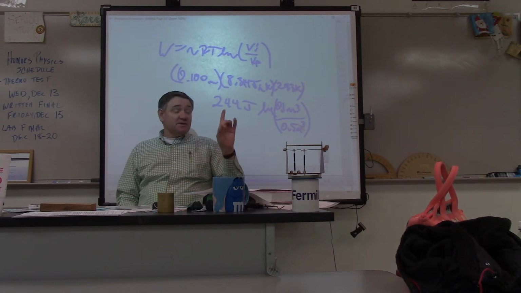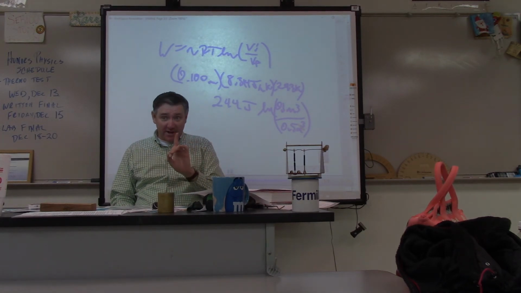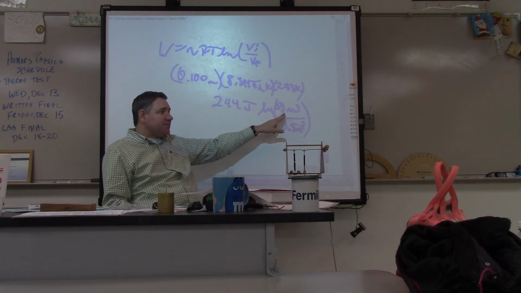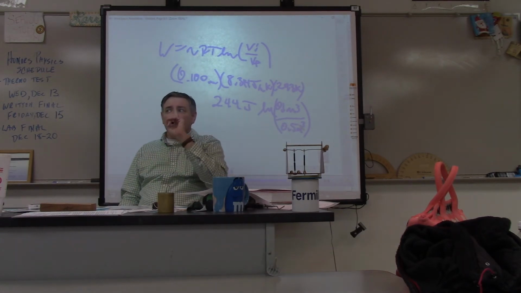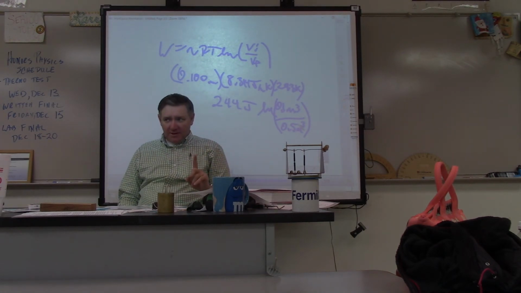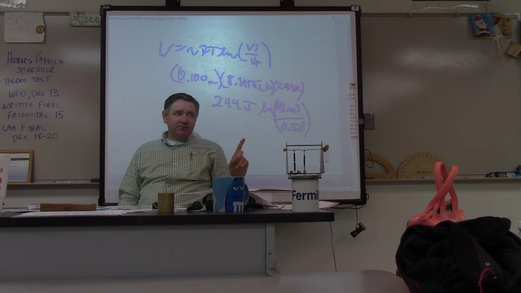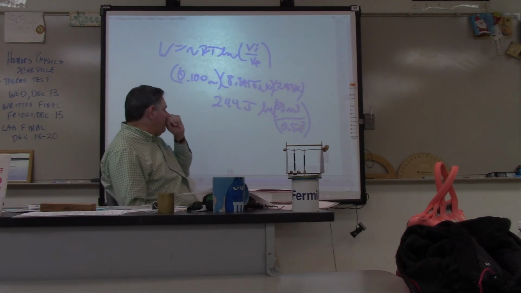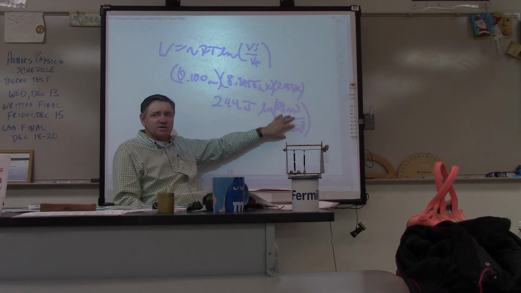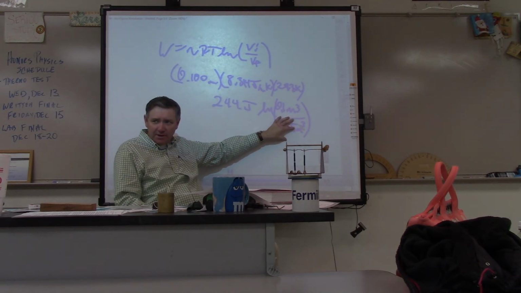Negative. This is going to play out huge. When you take the natural log of any number less than 1, it's a negative number. Out of all of this, this is the only thing that can generate a negative value for me.